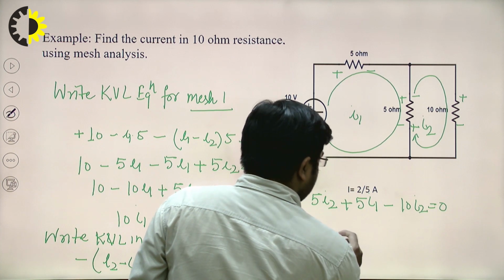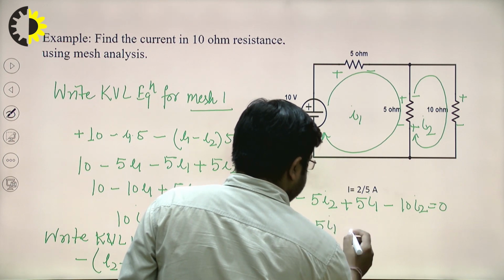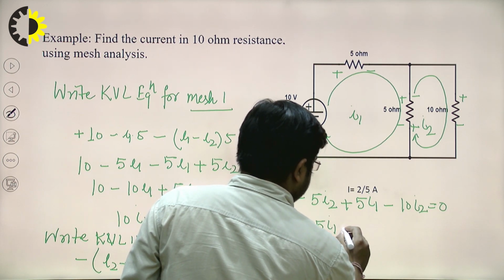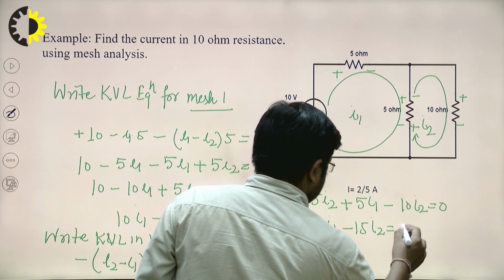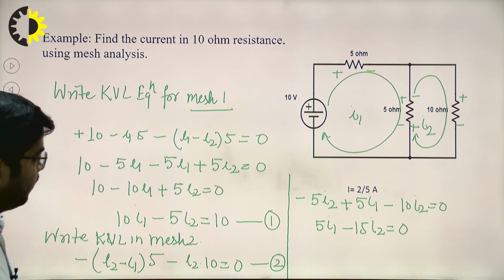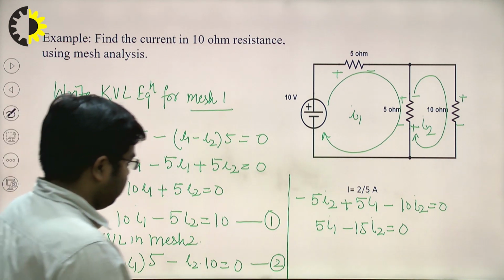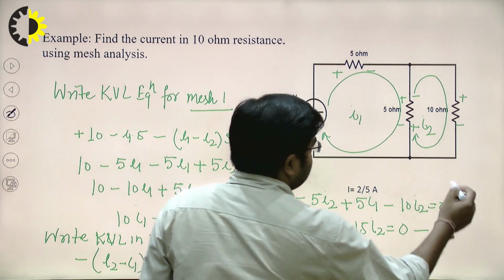Okay, so you can write 5I1 minus 15I2, that is equal to 0. Now suppose this is equation number 2.